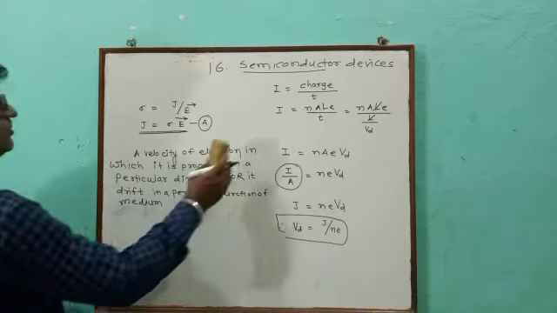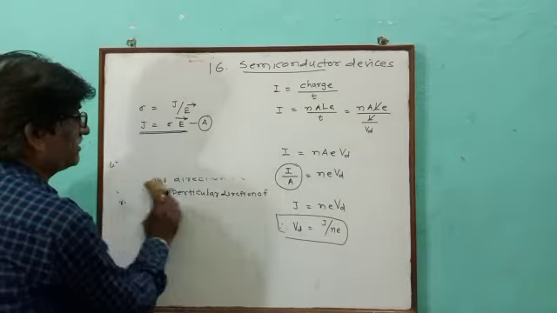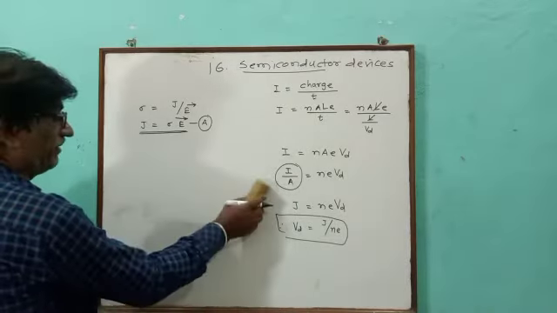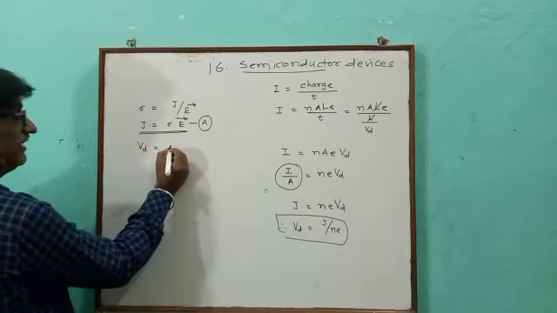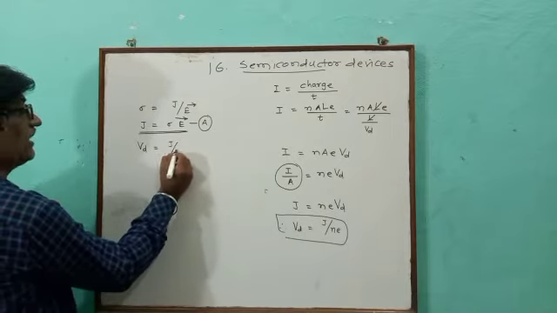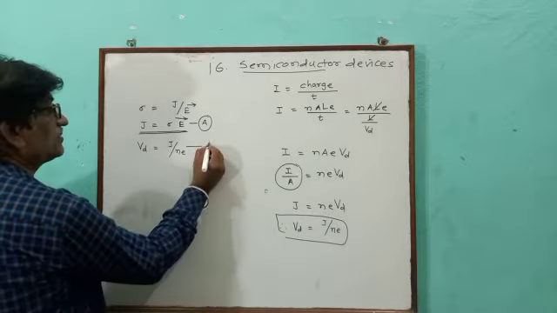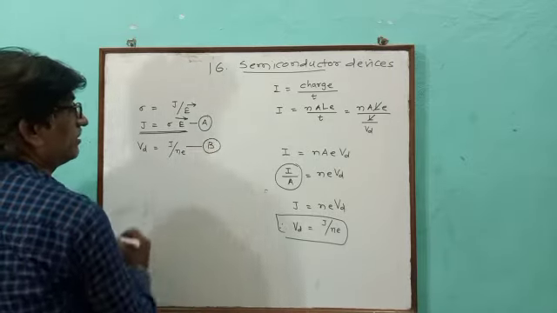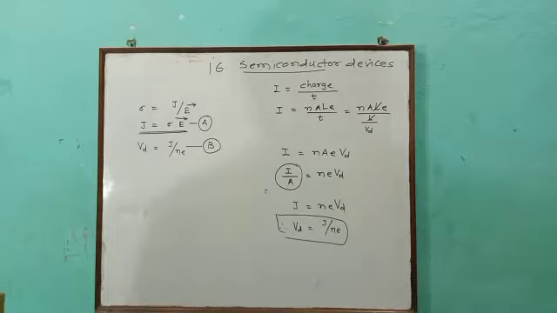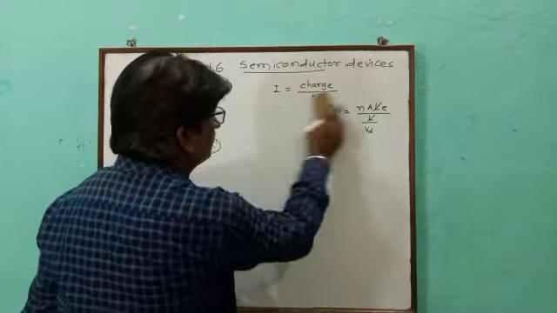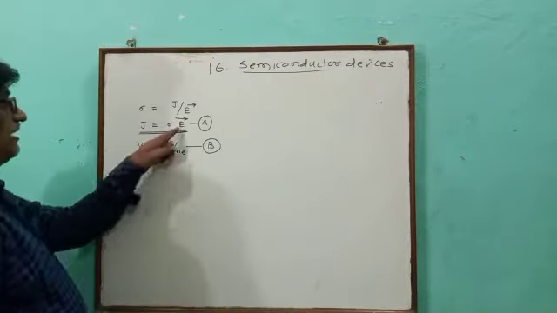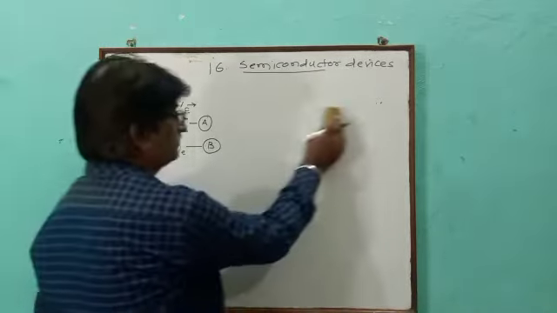So here the second relation can be seen. The second relation will be between drift velocity and current density: Vd is equal to J upon Ne. Suppose this equation is termed as equation number B. Now here we can see the term electric field intensity.